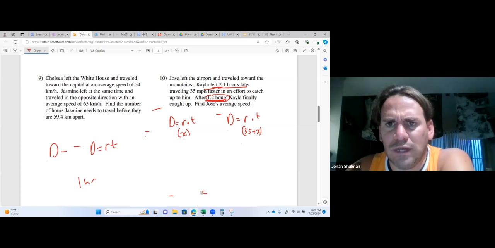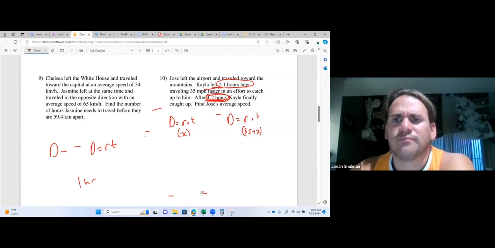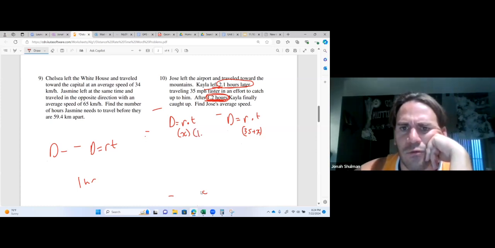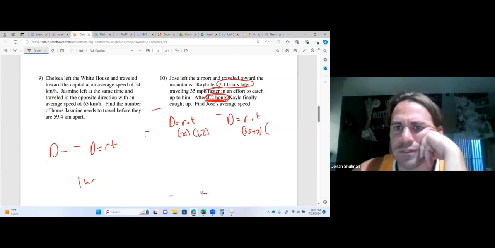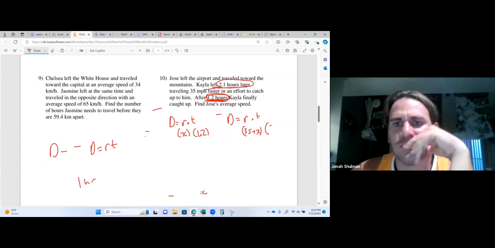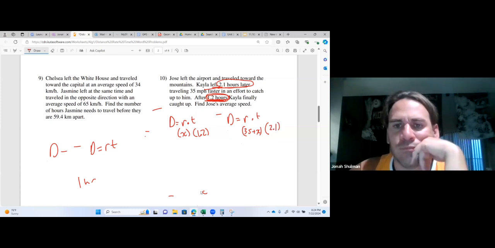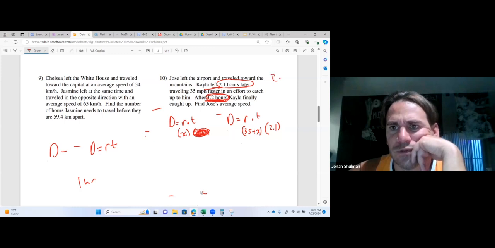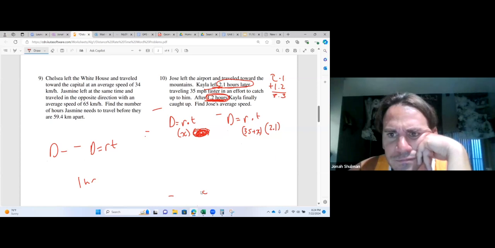So if she's 2.1 hours later, and they're 1.2 to be the same, the time for this one is going to be 1.2, and this one, sorry, this is her time. She starts at 2.1, and 2.1 plus 1.2, because that's when they're equal, is 3.3.